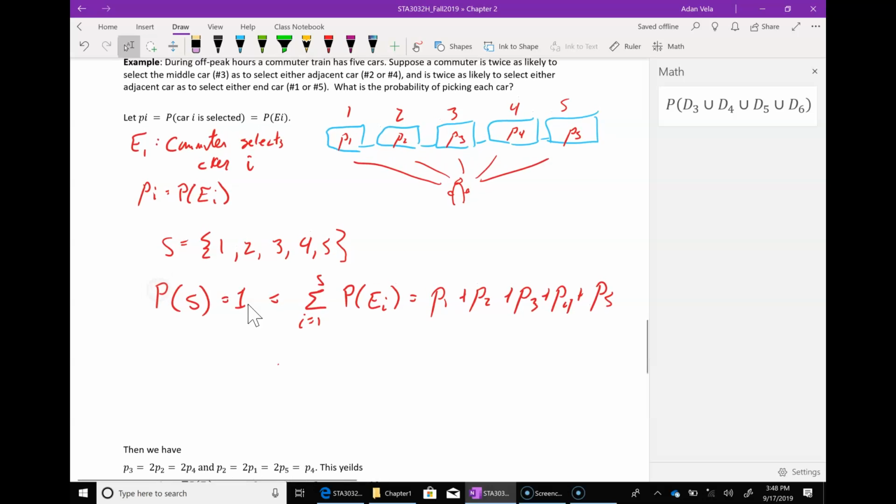Okay, so we know P3 is equal to 2 times P2, which is equal to 2 times P4. Now, this second statement is a little confusing, but basically what they're trying to say is that selecting P2 and P4 is twice as likely as picking P1 and P5.